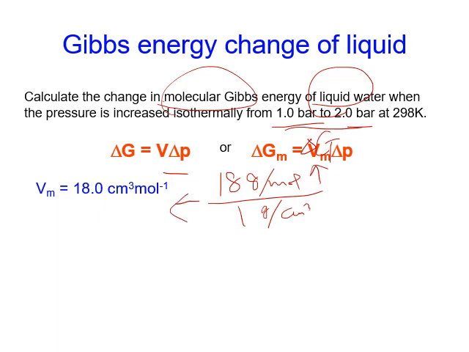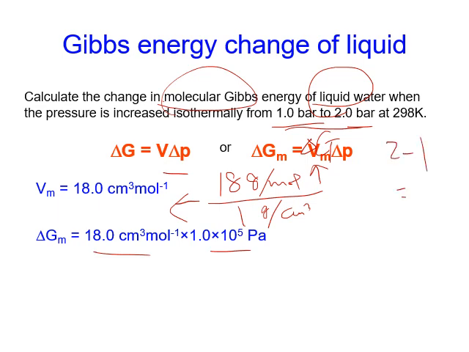Plug into the equation: delta G equals molar volume times pressure change. The pressure change is 2 bar minus 1 bar, which gives you 1 bar, and 1 bar equals 1 times 10 to the 5th Pascal, and therefore the delta G change is 1.8 joules per mole.